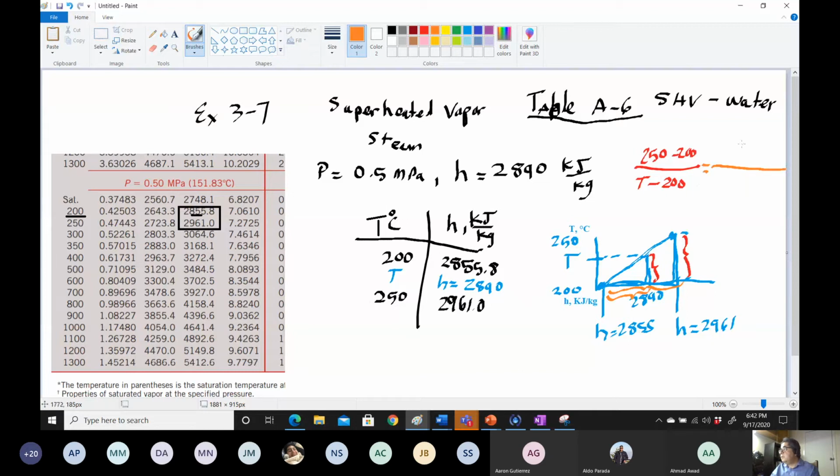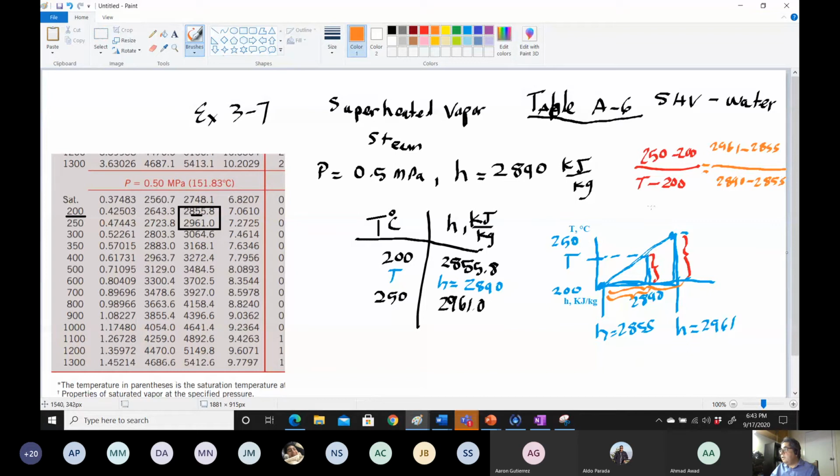The large base is 2961 minus 2855, divided by the little base, which is 2890 minus 2855.